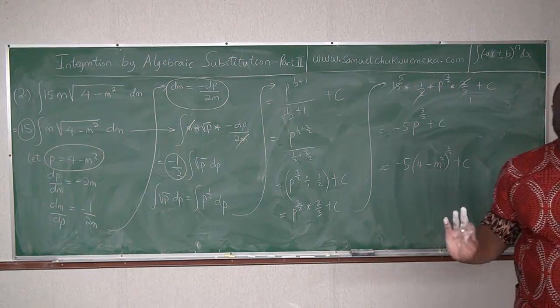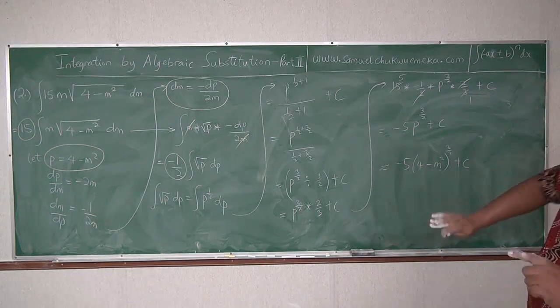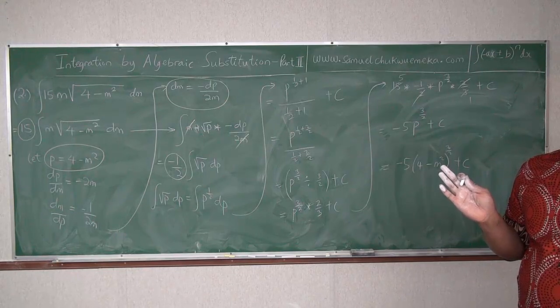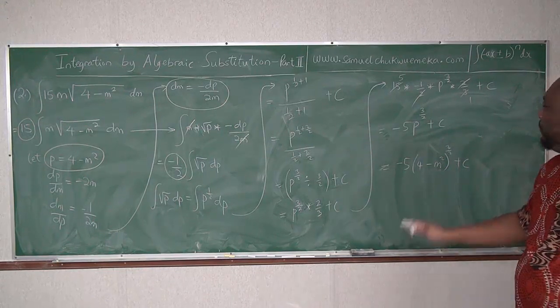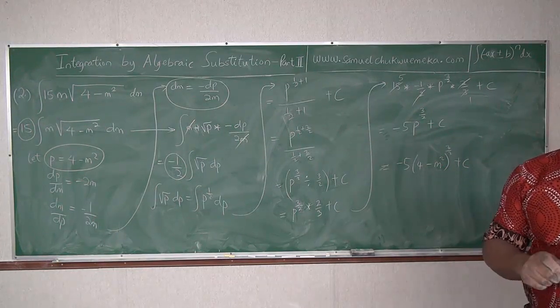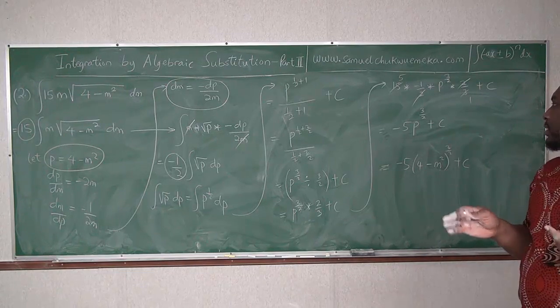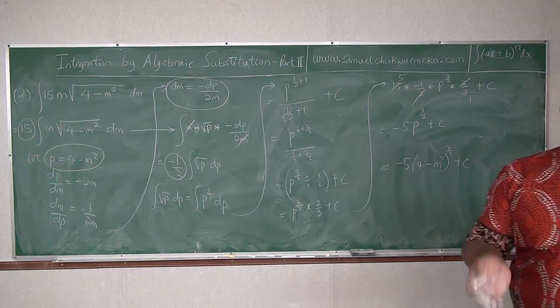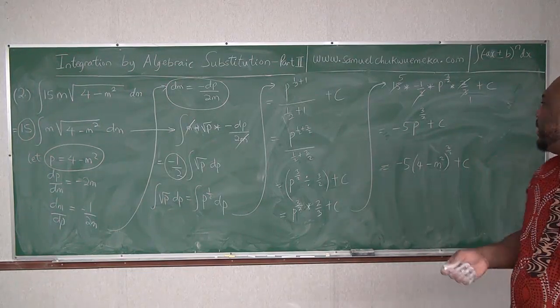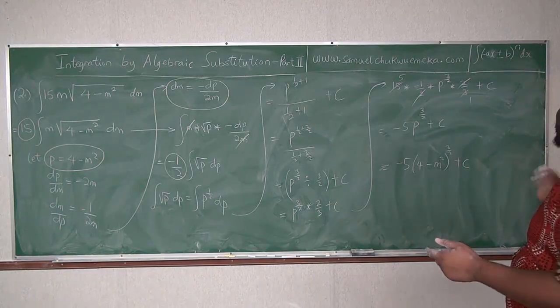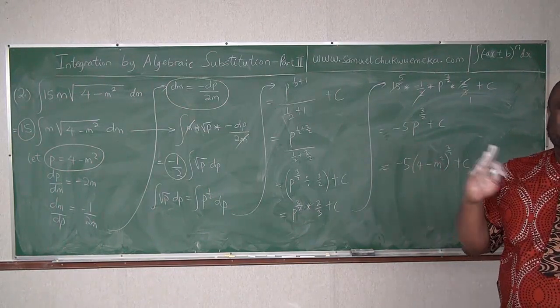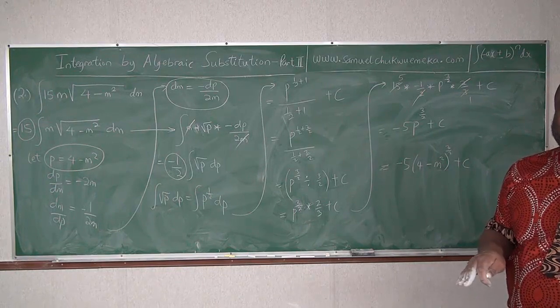Some professors don't mind this. They will still give you full points on that. Some do not mind. However, I want us to, because we did algebra, simplify this to the very minimum, to the least.